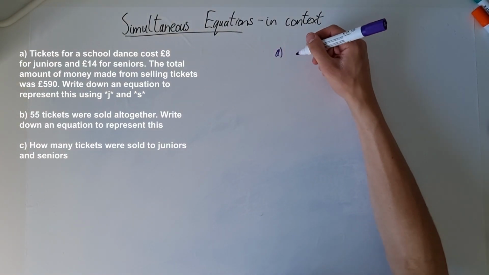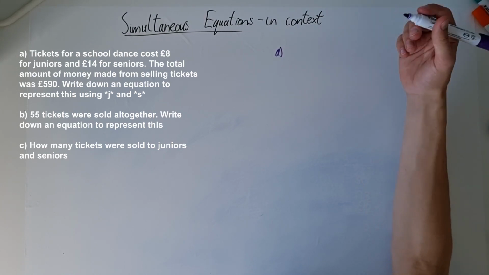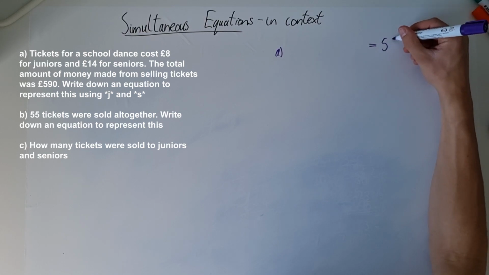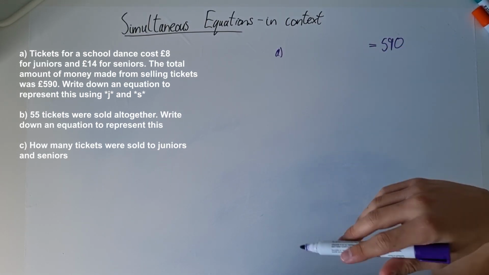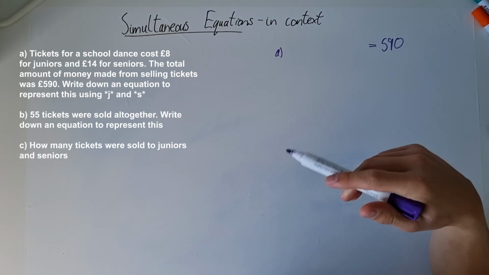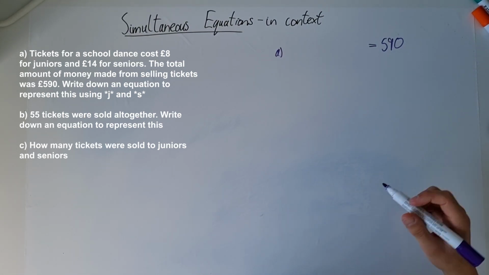Right, so £8 for juniors and £14 for seniors, and we know the total was £590. And we know it was a combination of juniors and seniors, but we don't know how many juniors or seniors it was, and there's too many combinations, so we're going to have to use simultaneous equations.